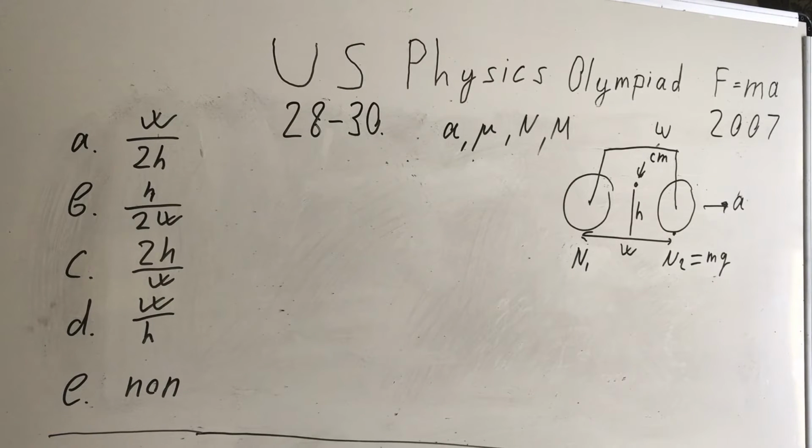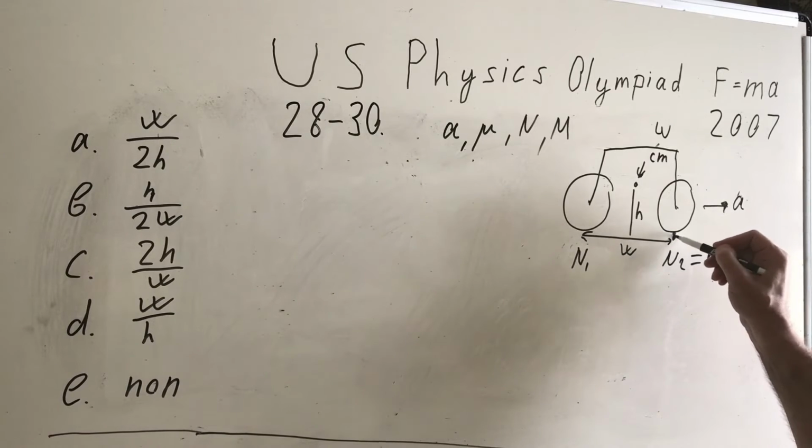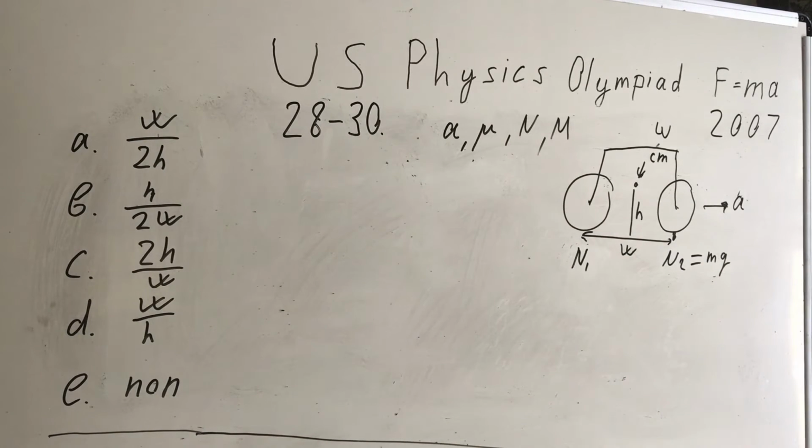So in this frame of reference we just need to write the equation for static equilibrium around the point of contact, the point of rotation. So the maximum possible acceleration would be in the sliding case.